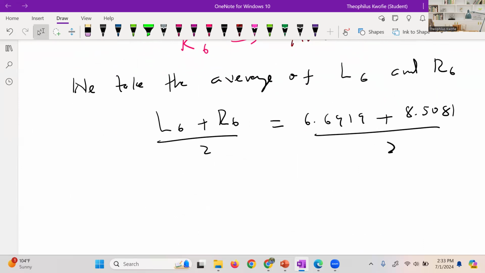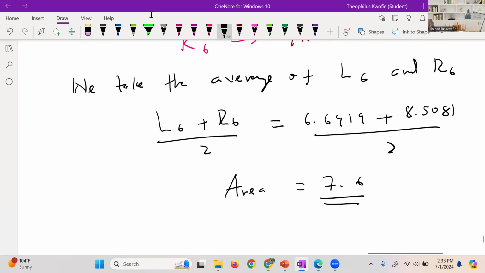Then we divide by 2, and we have 7.6. So when we add the two together, we have the approximate area under the graph of the function to be 7.6. So we have the area to be 7.6.